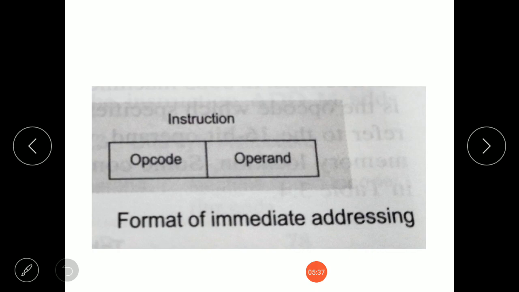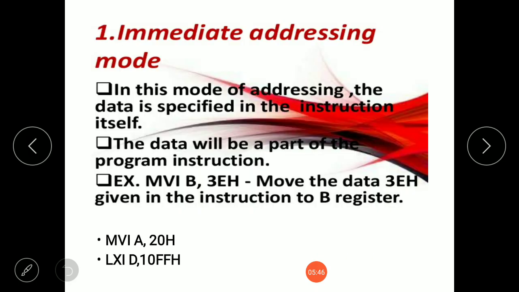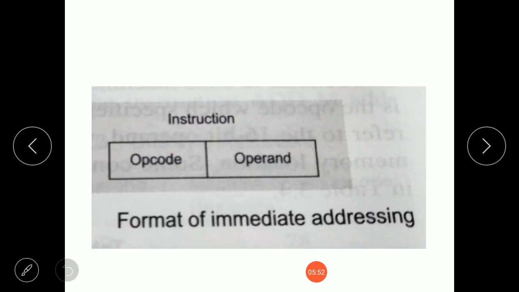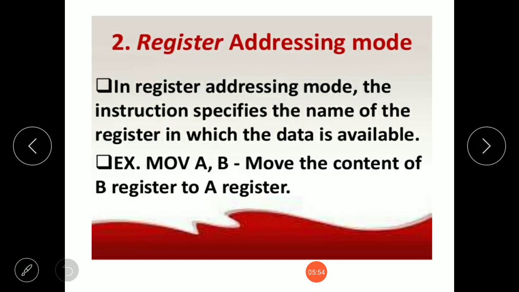This is the format of immediate addressing mode. We have the opcode and the operand both written in the instruction. So here the opcode is MVI A and the operand is directly given in the instruction.